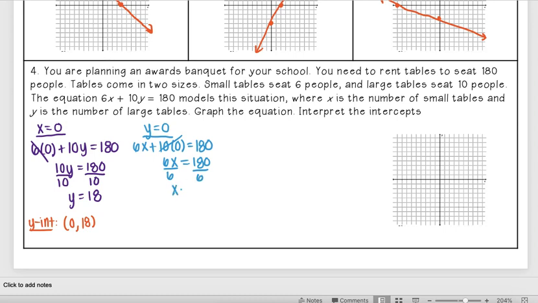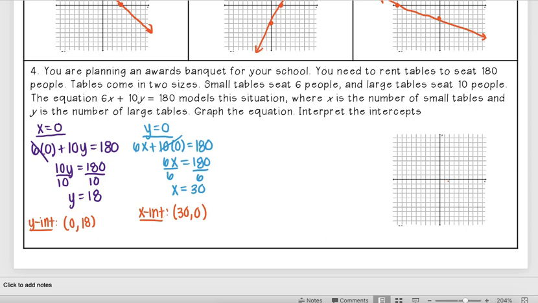And so I get that x is equal to 30. And so now my x-intercept will be (30, 0).